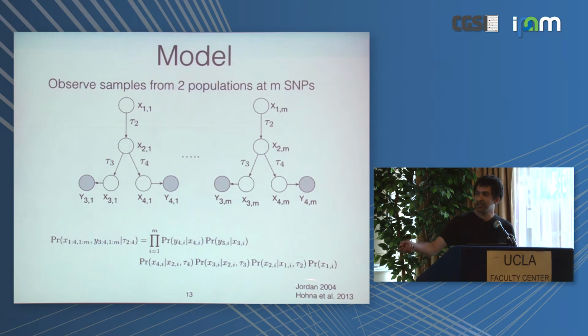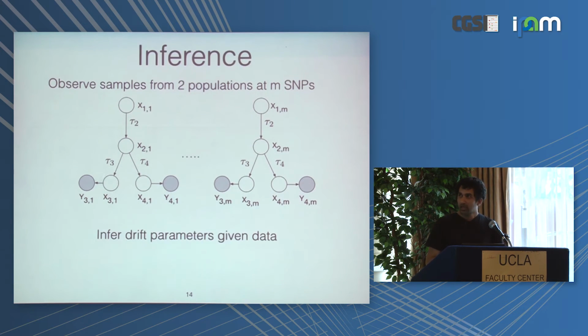And each of these distinct terms is essentially the term that we wrote down previously. So you're going to have y4, which is the observed allele frequency, only depending on x4, and y3 depending on x3. And x3 and x4 are independent of each other given x2. And finally, x2 depends on x1, and x1 doesn't depend on any other variables. So this is the decomposition of the joint distribution.